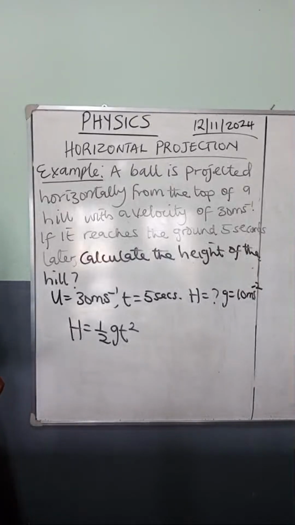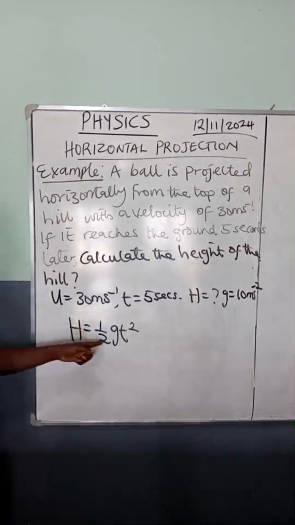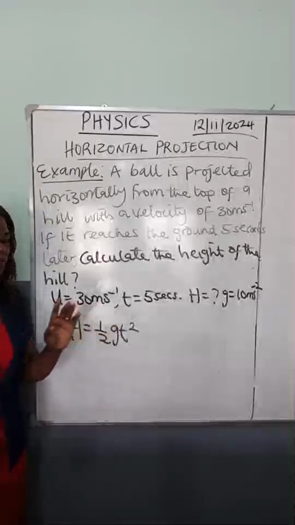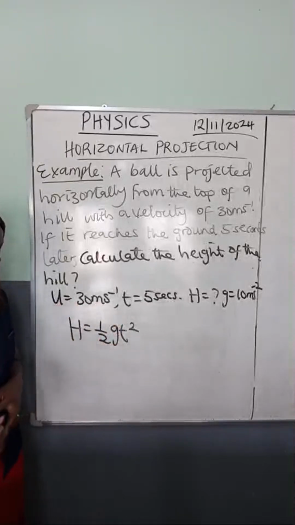They just give us u so that we know the speed at which the object is being projected. But in the formula, you're not using u to solve it. It's like when you're looking for range, you cannot use velocity.